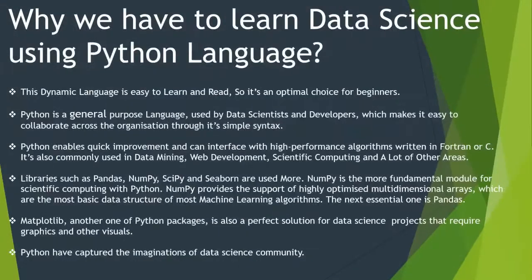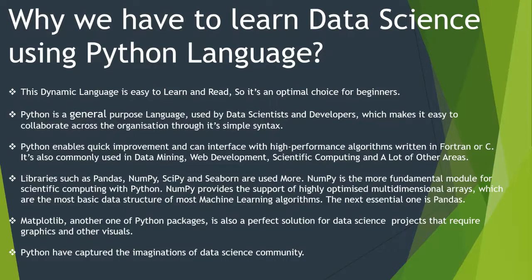Why do we have to learn data science using Python? Python is an optimal language choice for beginners, which means it is too easy for beginners. In C++ and all, we have to give a header file, and then the main function, and then open and close curly braces, and then lots and lots of things. In Python, we have to give only print hello world.